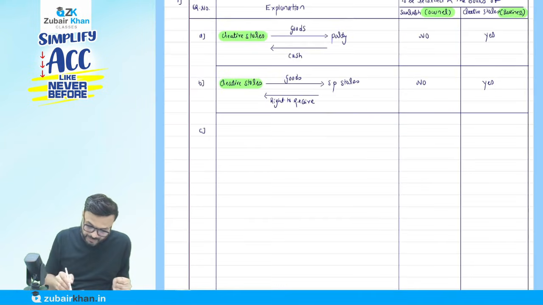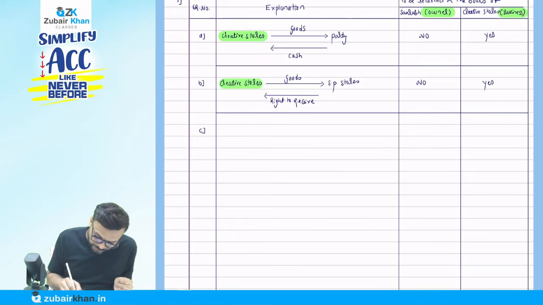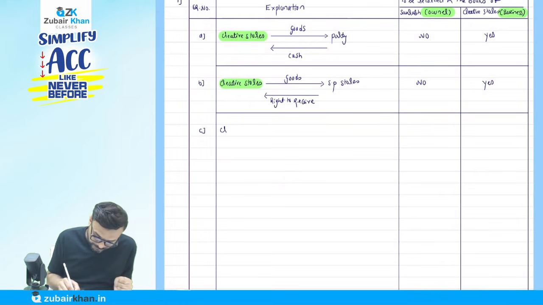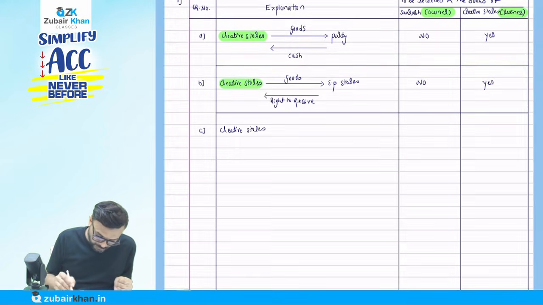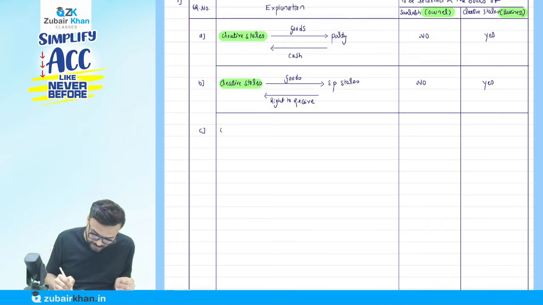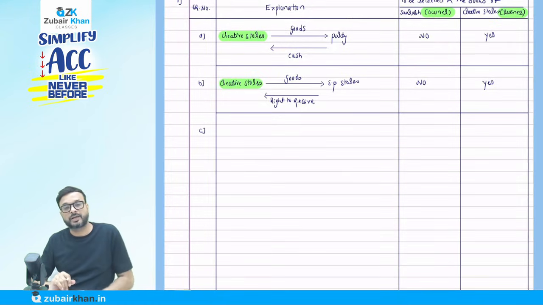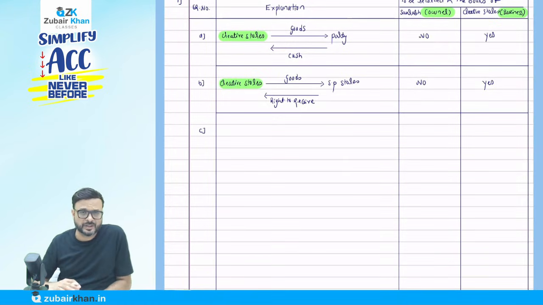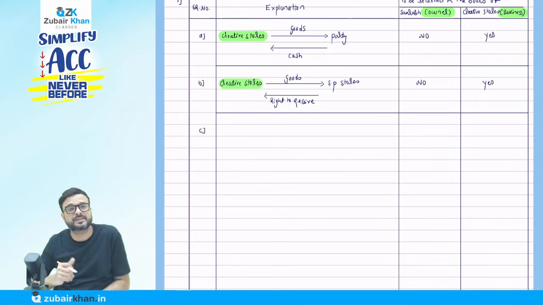Now write down here creative stores. Wait, creative, no, they are not. Who is purchasing? Not for the purpose of business. Now understand this, not creative stores, because they are not purchasing stationery. They are purchasing a sari. Why would the business purchase a sari?